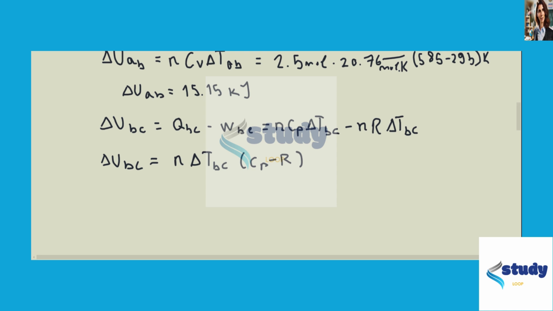We can substitute the known values. This is the subtraction between Tc and Tb, so we can immediately say that delta U BC equals, and now for all of the known values we have 2.5 moles, and in the brackets the difference between the temperatures, and in these brackets the constants.